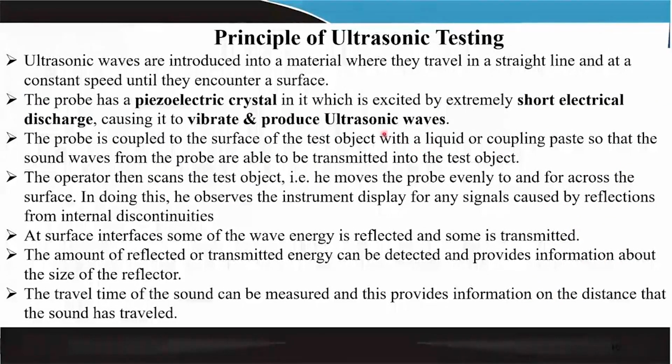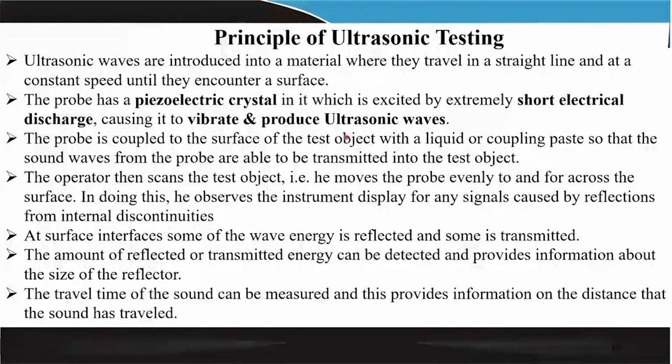What you do is that waves are introduced into the material, where they travel in a straight line and constant speed is maintained. Usually the probe has a piezoelectric crystal which is excited by an extremely short electrical discharge, causing it to vibrate and produce an ultrasonic wave.